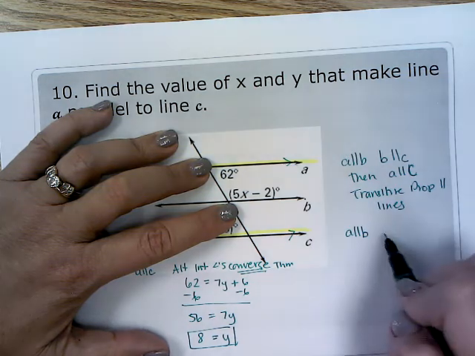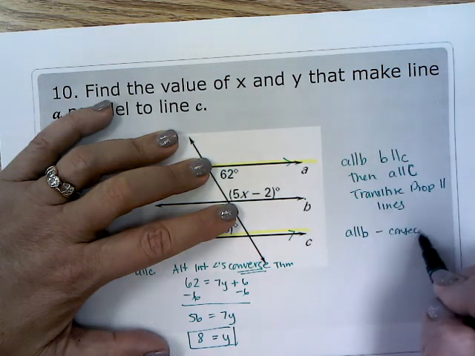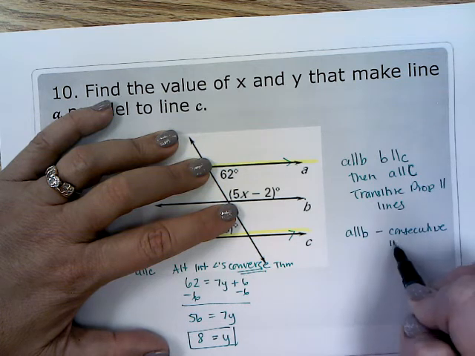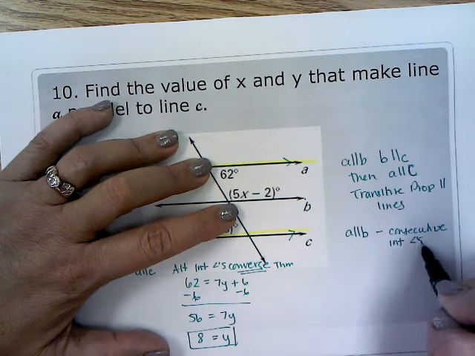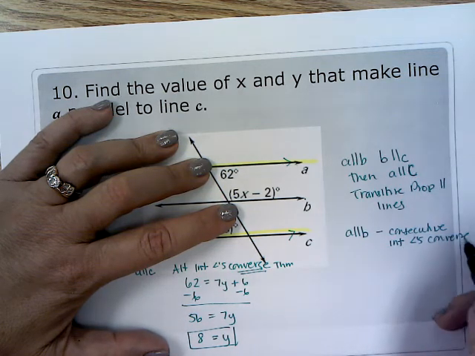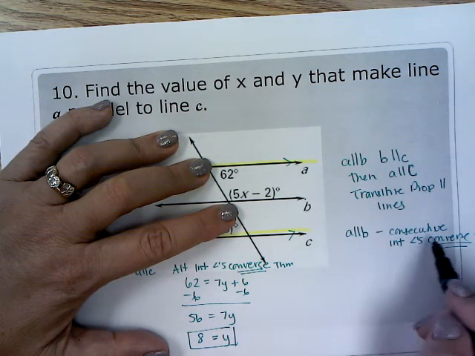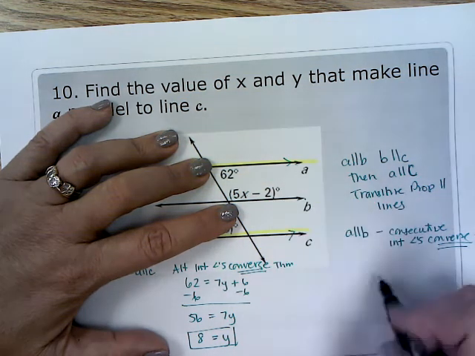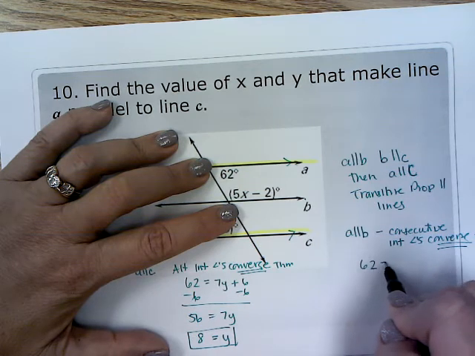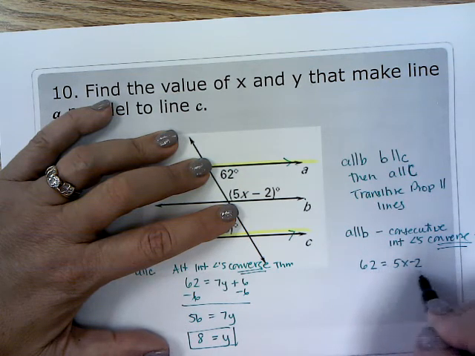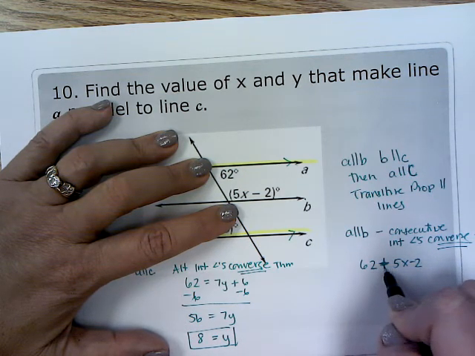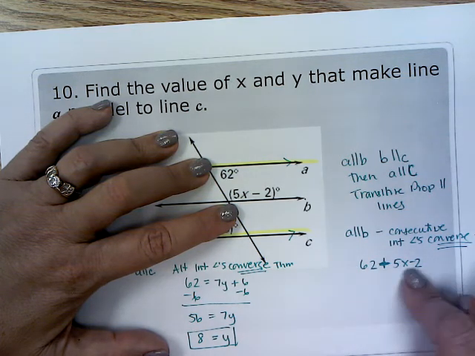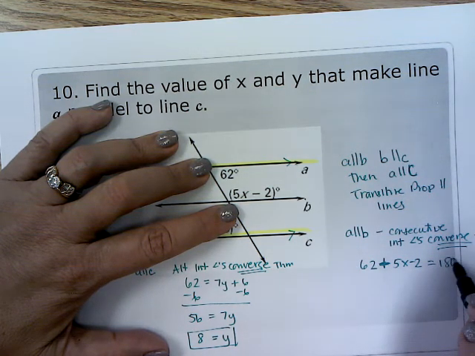A being parallel to B would be the consecutive interior angles converse theorem, because I'm proving parallelism, which means that if it's the consecutive interior angles, then they have to equal 180 together. So 62 plus 5x minus 2 would equal 180.